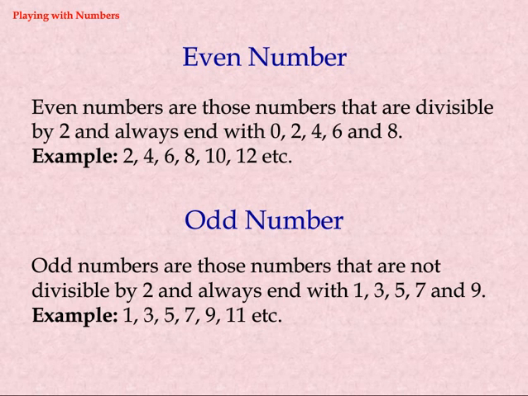Odd numbers are those numbers that are not divisible by 2 and always end with 1, 3, 5, 7 and 9. Example: 1, 3, 5, 7, 9, 11 etc.